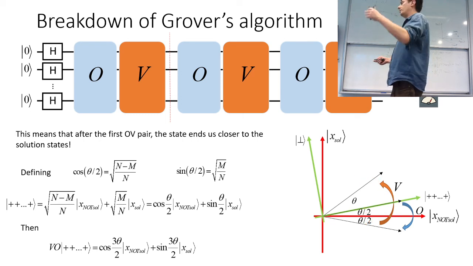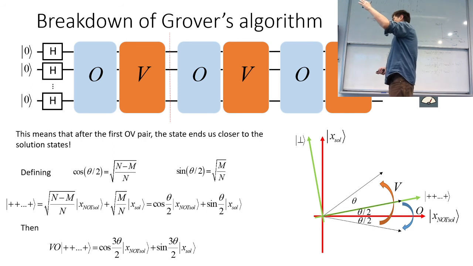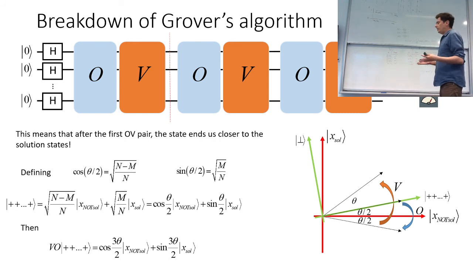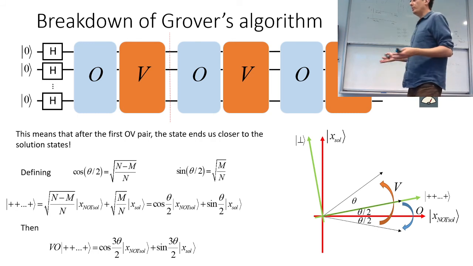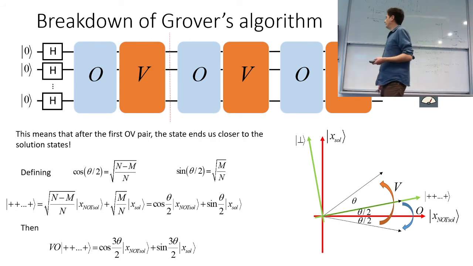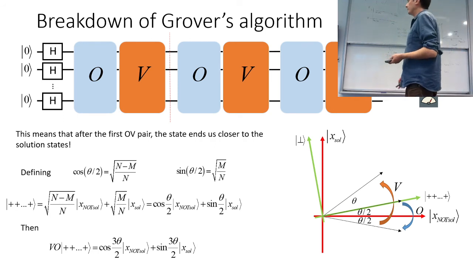So if it's rotating clockwise by theta, then anti-clockwise 2 theta, of course, eventually it will end up closer to this red axis. So it's a purely geometric argument, but this is the easiest way to understand or prove why this works.